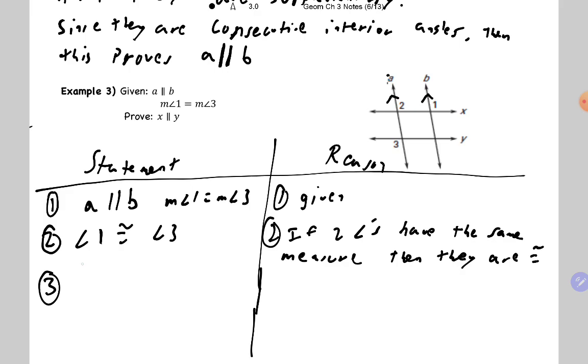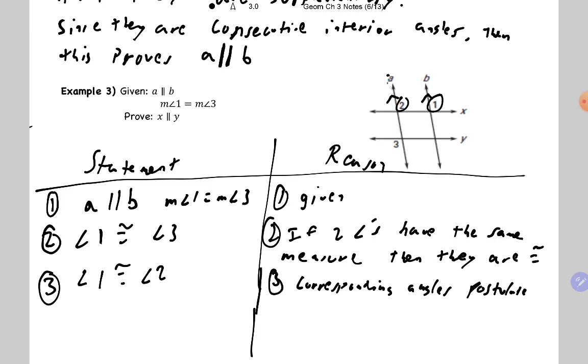So I can say I'm also going to say that angle 1 is congruent to angle 2, because these are corresponding angles. Corresponding angles postulate.